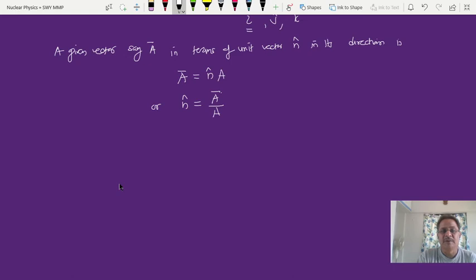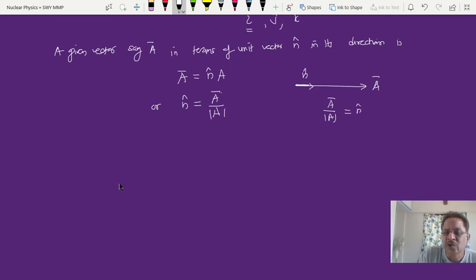So what is the first statement? Vector A bar in terms of unit vector n cap in its direction. If this is my vector A bar, and I draw n cap here, then to get this I have to take this vector A bar divided by its magnitude, and I get the unit vector.